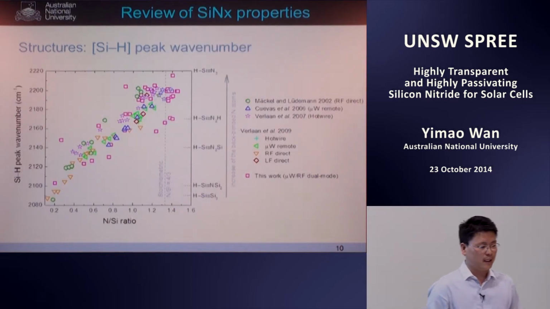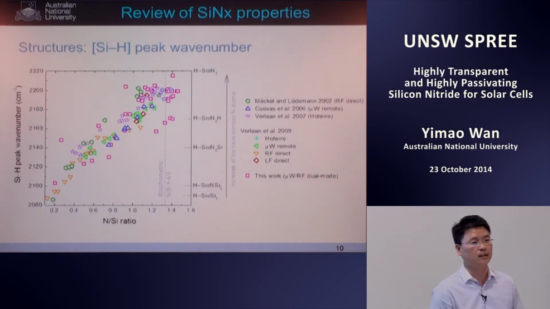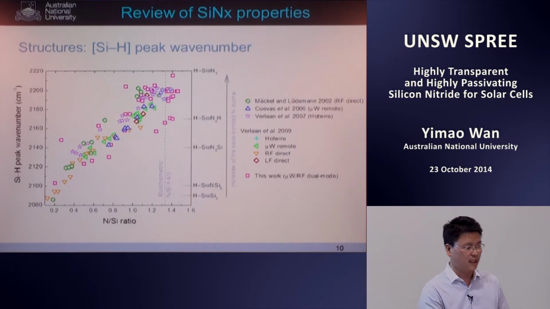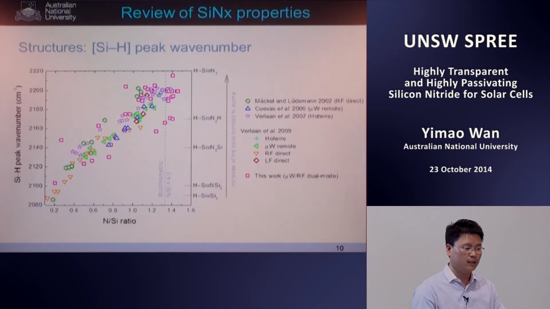And another structure property is the silicon-hydrogen peak wave number. And this is another good indicator of the internal silicon nitride structure property, as the silicon-hydrogen peak wave number will shift as different nitrogen-hydrogen back bonding attaches to silicon-hydrogen bonds.